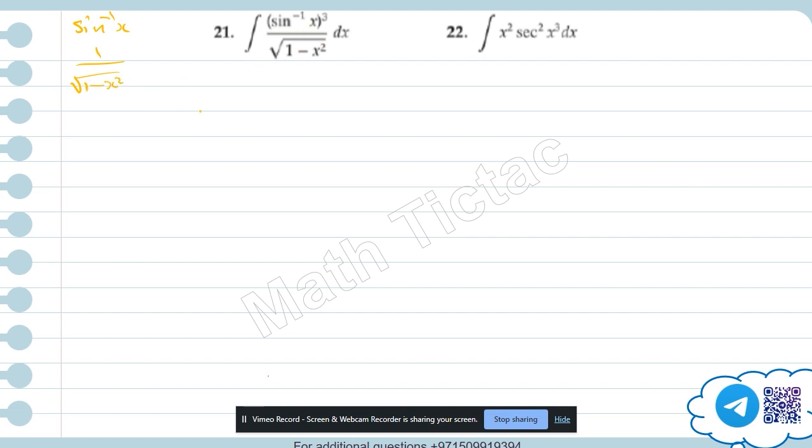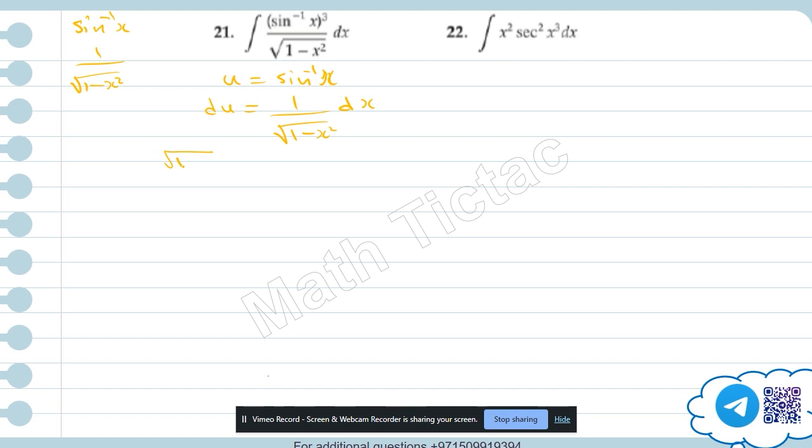So obviously the assumption will be u equal to sine inverse of x. So now du equals 1 over square root of 1 minus x squared dx.